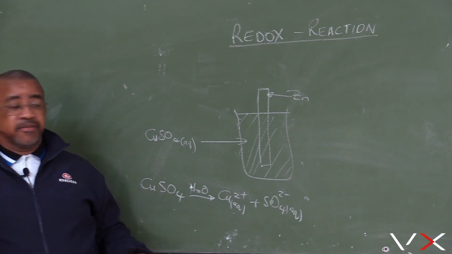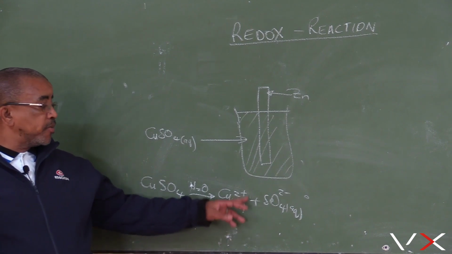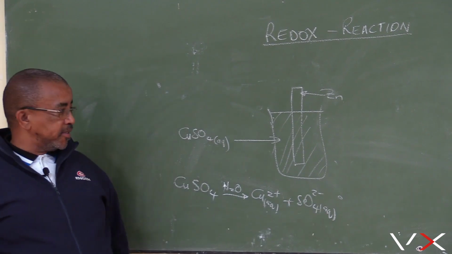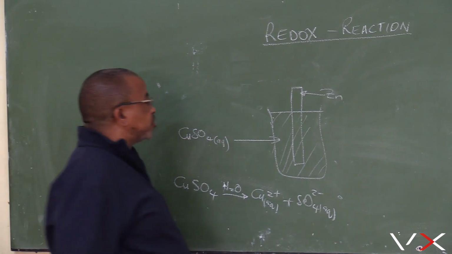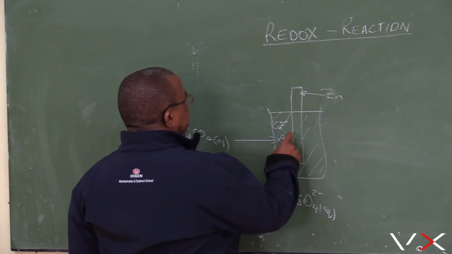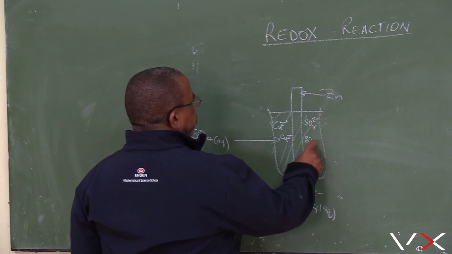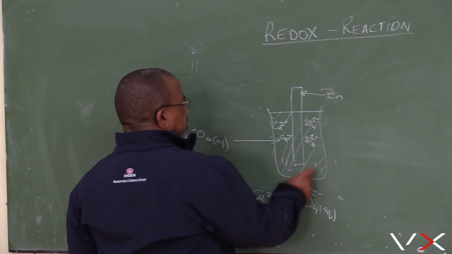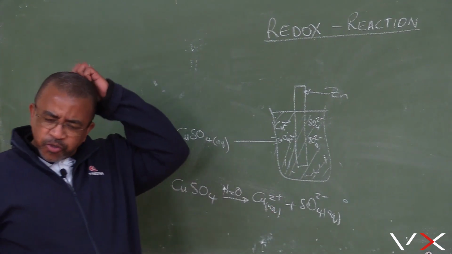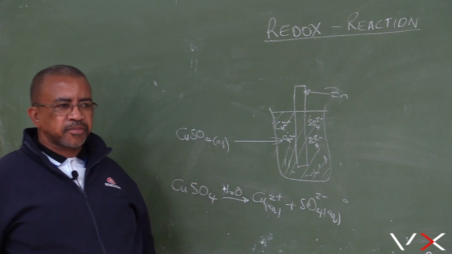It dissociates to form Cu2+ in water and SO4 2- also in water. This tells us that in the solution it is full of Cu2+ and SO4 2-, thousands and thousands of them. So you take copper sulfate and put it in water, and it gives you these.